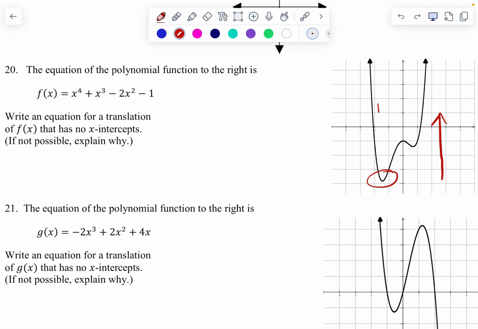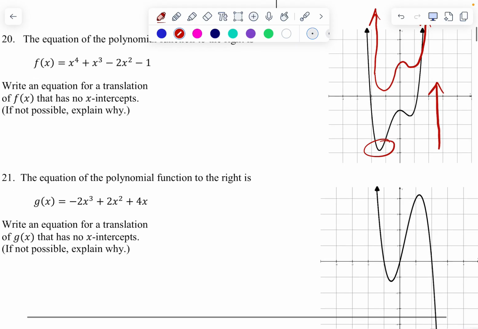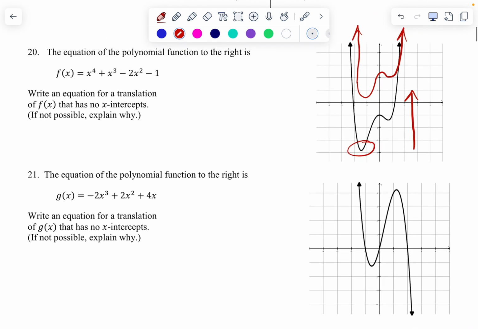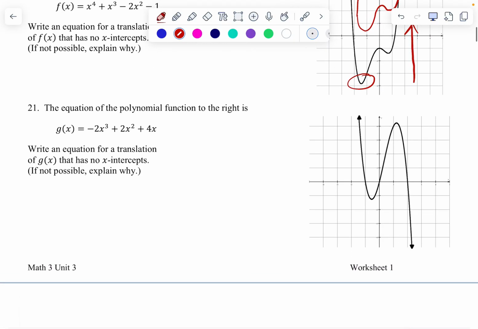We could do a better job graphing it, I guess. So if we could move it up there, it won't have any x-intercepts. There's lots of ways to do that. You could say plus 100 and it would shift it up. It doesn't have to be a specific value, just enough to get it up there. Now, the next one says, is there a way to do that with an odd degree?